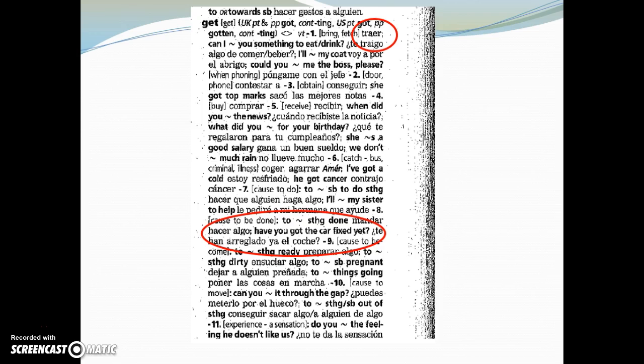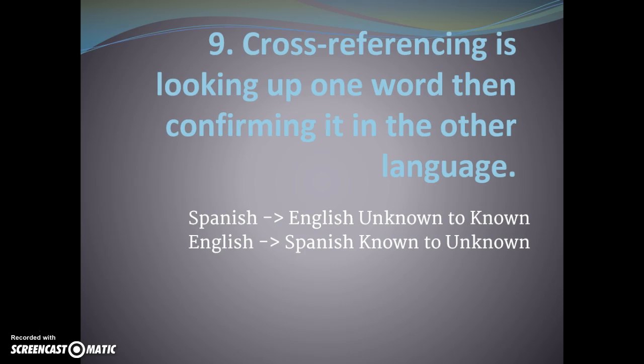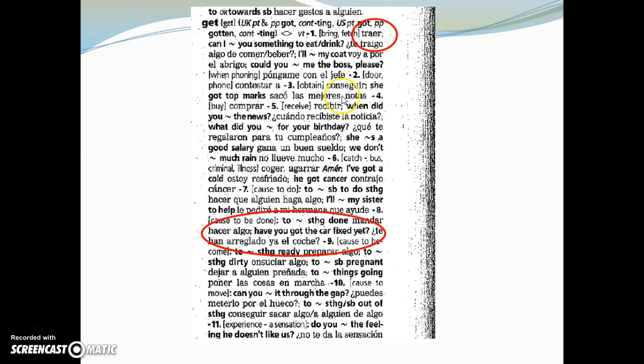Okay. Now one way to determine, hey, did I pick the right word? Is my context correct? Is to, number 9, cross-reference. So cross-referencing is when you look up one word and then you confirm that you have the right translation in the other language. So for example, I'm going to go back a slide to get. Let's say I'm trying to say, okay, I got my mom a glass of water. And I look up here, okay, bring, fetch, traer.